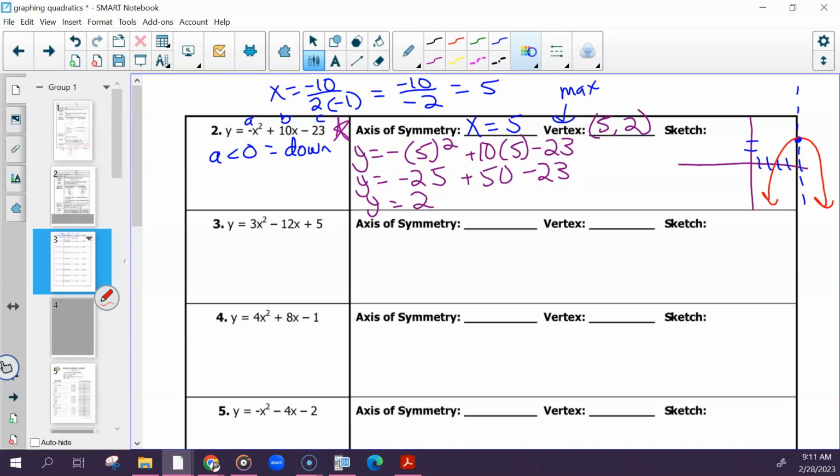Which ones did I want to do? 3 and 5. Okay, so we can still do this part. We'll come back and do these in a moment. So would this face up or down? Up, because it's positive.